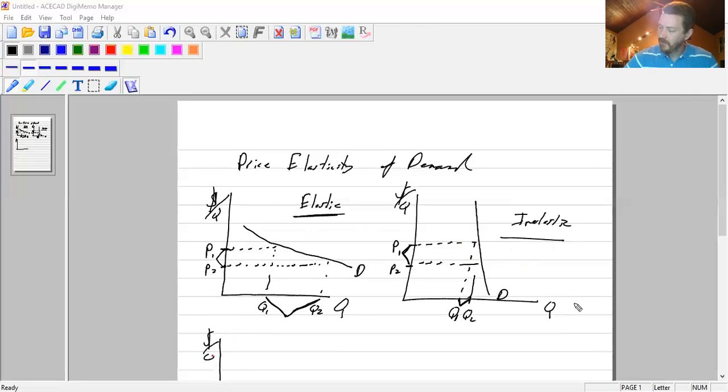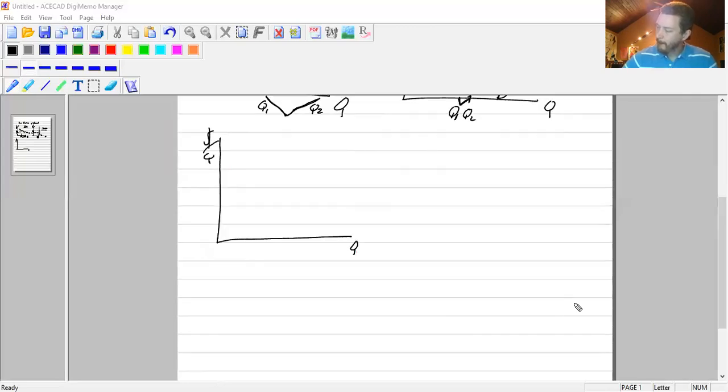Looking at this one here, you can draw a really weird demand curve that looks just like that. For this demand curve, we think of it as, for a given price, there's basically infinite demand.